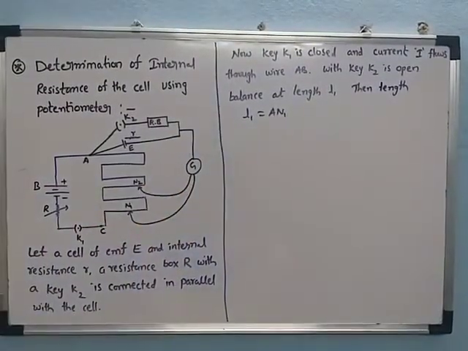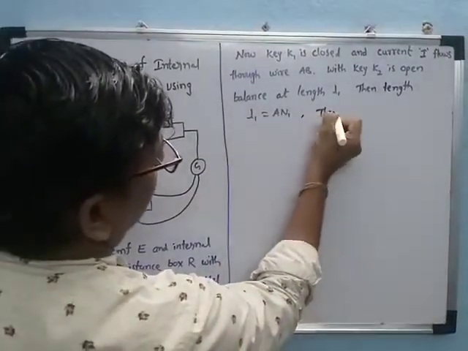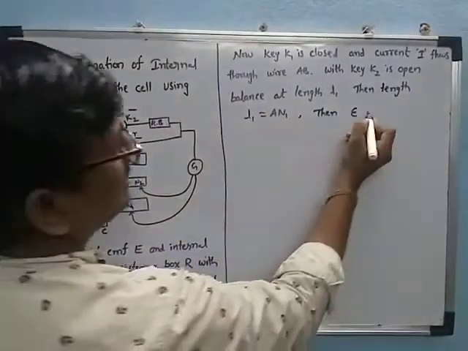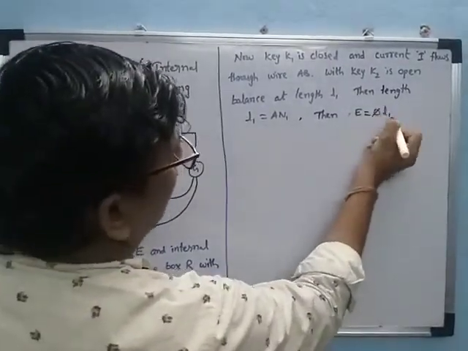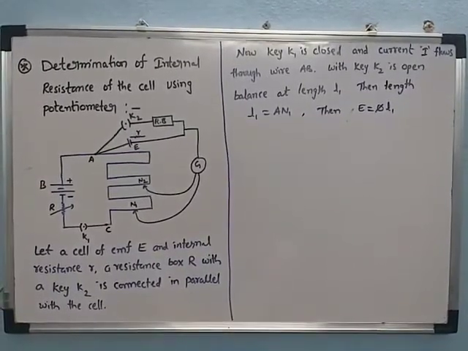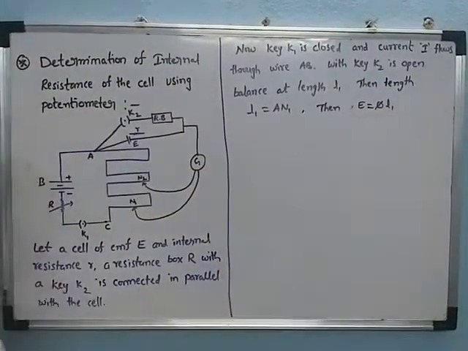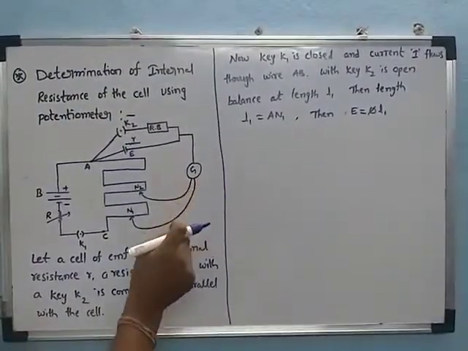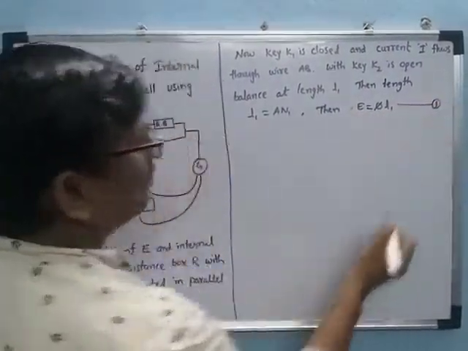Then we can write the EMF of cell E is equal to phi into L1, where phi is the resistance per unit length. Previously we discussed this in comparing the EMF of two cells. So E is equal to phi L1. This is equation number 1.